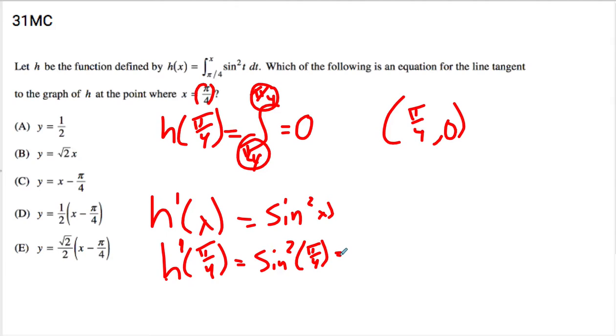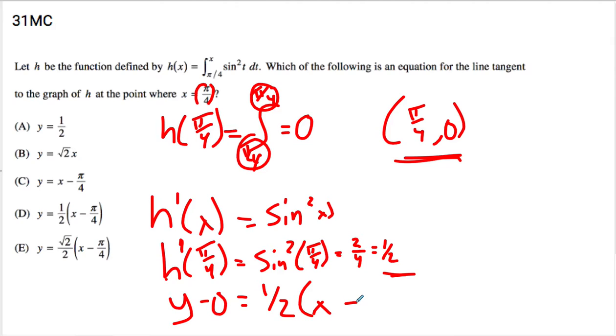If you square that, you get 2 over 4, which is 1/2. So we have our point. We have our slope. Using point slope form, it's y minus 0 equals 1/2 times x minus pi over 4. And the one that matches that is D. There's our tangent line.